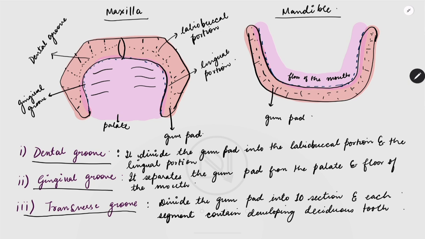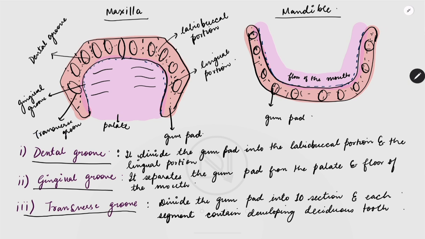Here 1 2 3 4 5, 1 2 3 4 5. So in total there are 10 segments. Here also 1 2 3 4 5 6 7 8 9 10, and each of these segments is separated by a transverse groove. So they contain the developing deciduous tooth.